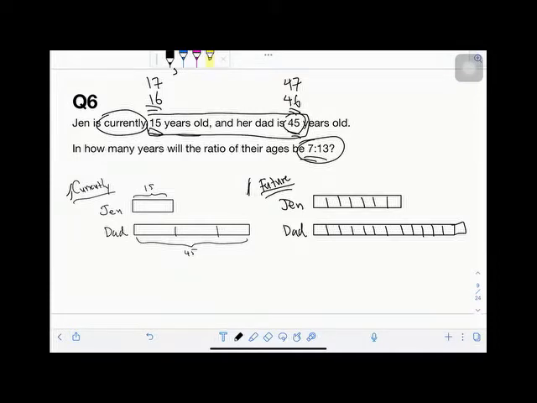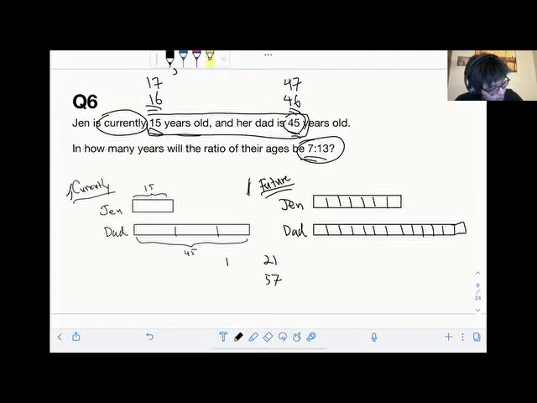So parang 3 po sa bawat box. So magiging 21 years old si Jen, and then 57 si dad.